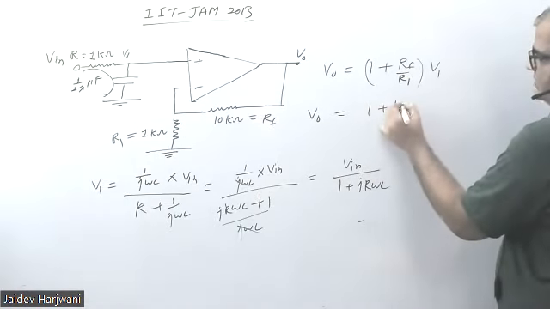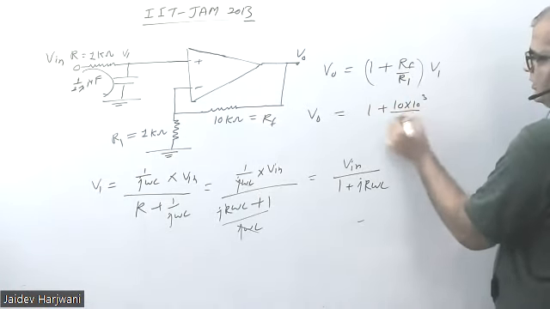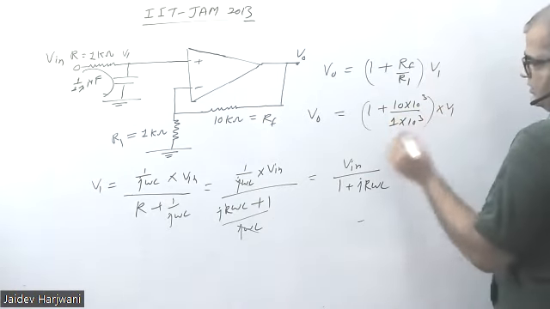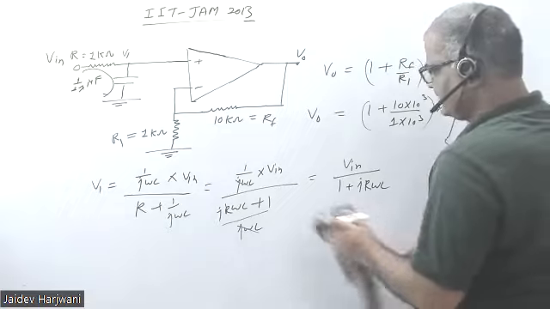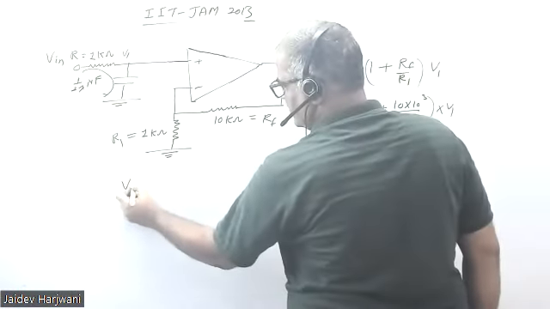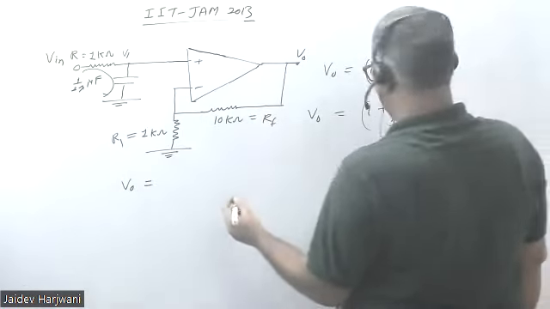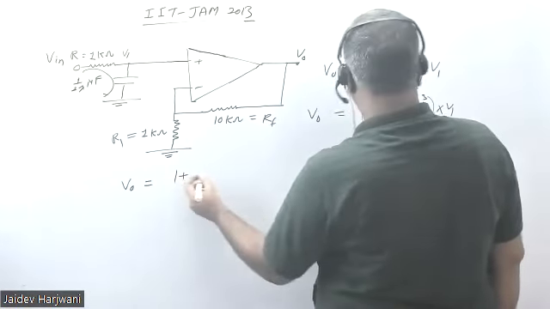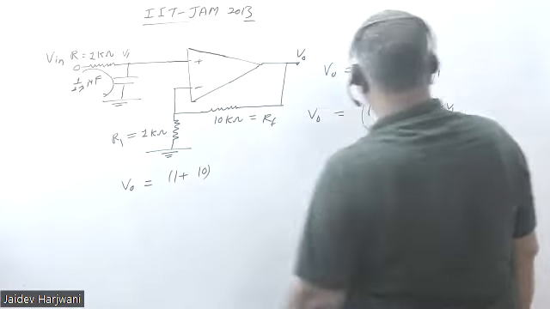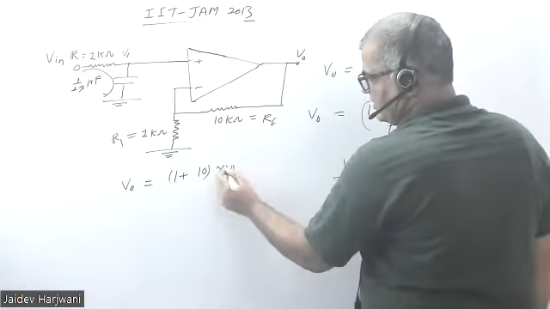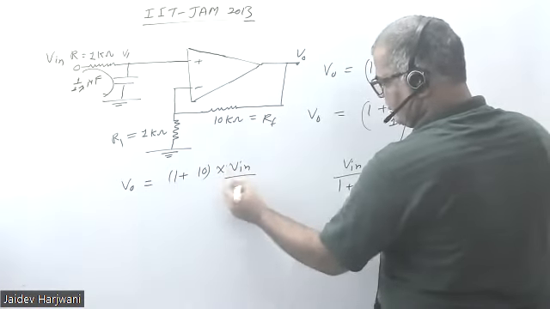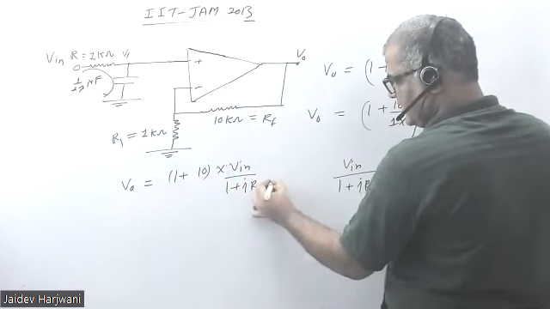So 1 plus 10 kilo ohm upon 1 kilo ohm, into V1. If I solve it further, V0 equals 1 plus 10 into V1, and V1 value is V input upon 1 plus J R omega C.